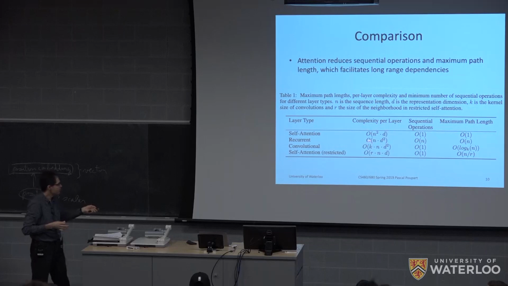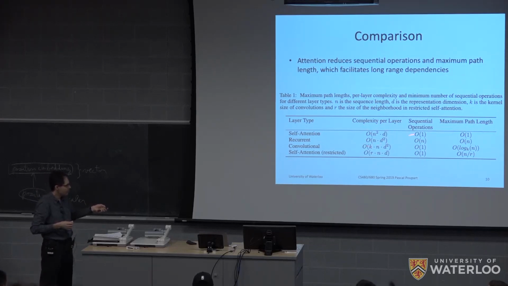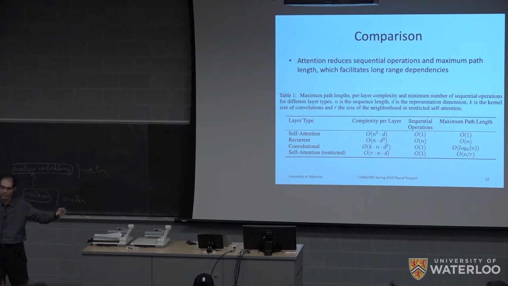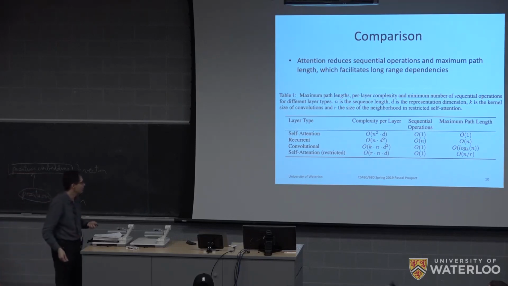So that's how the D square shows up. We have sequential operations because we have to go through the entire sequence, and then the path length can be up to size n, because if you want to combine information from the first and the last word, then you've got a long path to go.